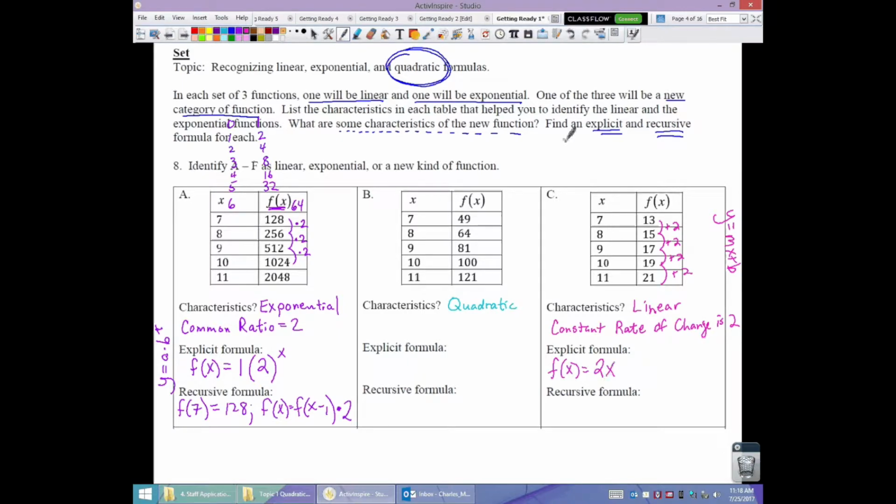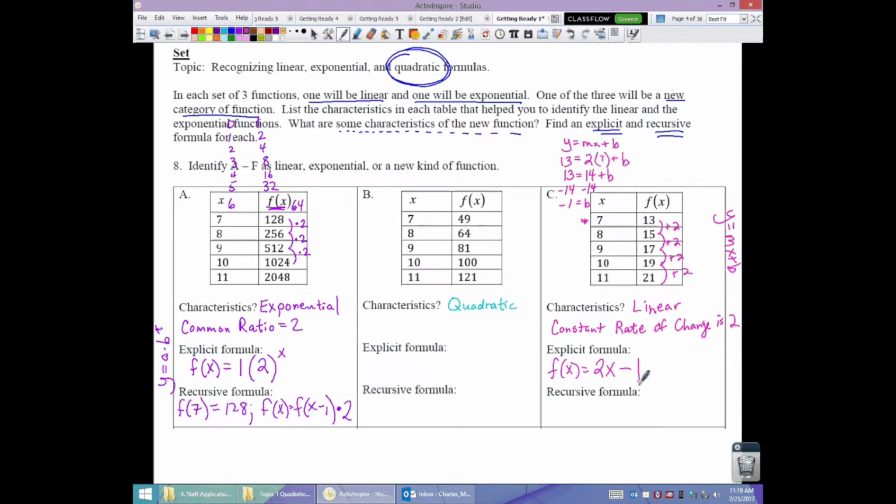If you recall, we could substitute into y equals mx plus b everything that we know. So we know the m is 2. We could take any one point, I'll take this first one, 7, 13, and substitute that for x and y, and solve for b. So 13 is equal to 14 plus b. Subtract 14, so b is equal to negative 1, minus 1.